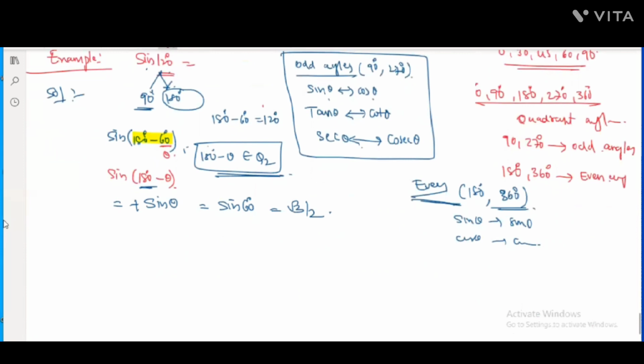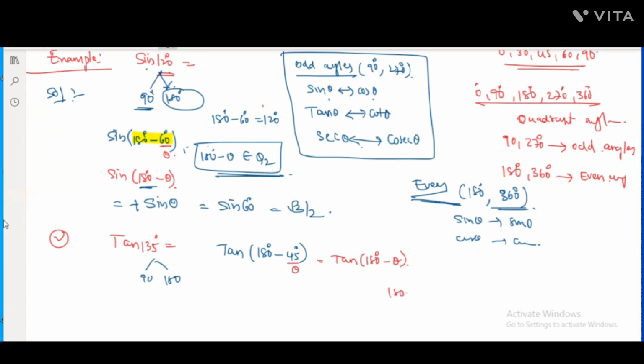Let's see another question. Tan 135 degrees. The nearest angles are 90 and 180, but I will prefer 180 only, as I told you. So we can write 135 as 180 minus 45. Let us assume this is theta, then it becomes tan of 180 minus theta.